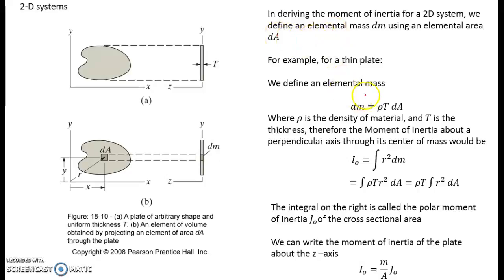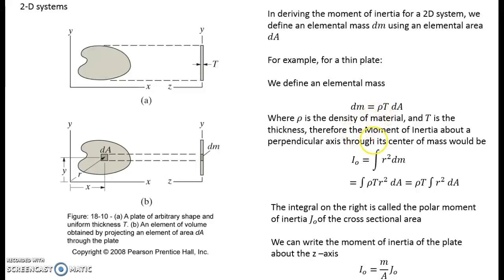So when we're defining the elemental mass, we end up with the mass dm equal to rho, the density, multiplied by the volume. But now the volume is going to be that elemental area dA multiplied by its thickness, t.